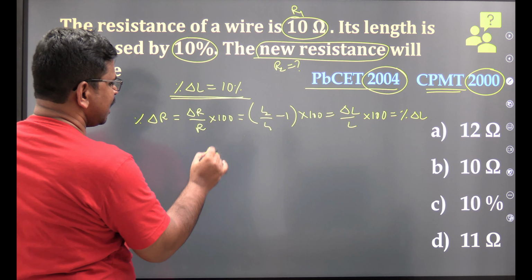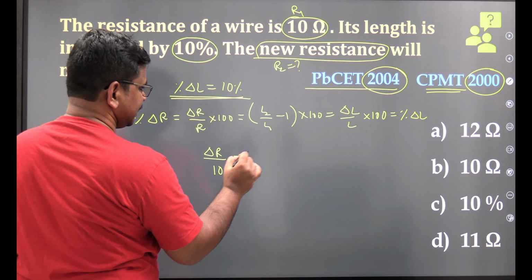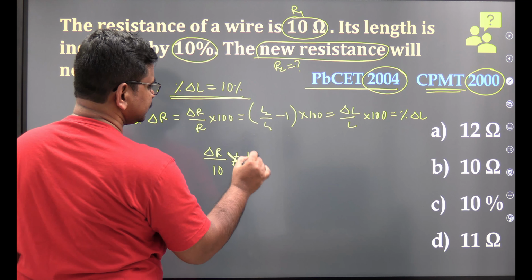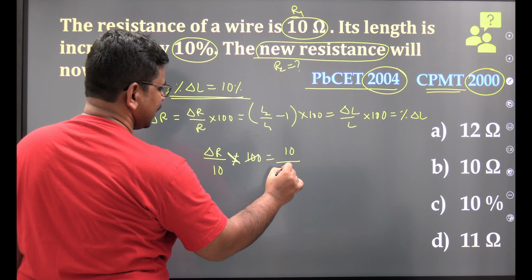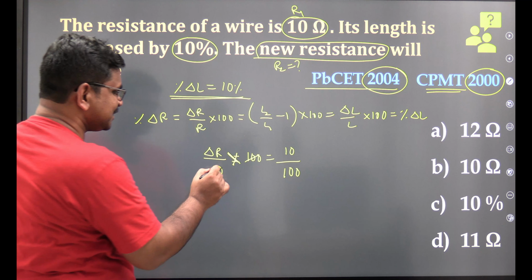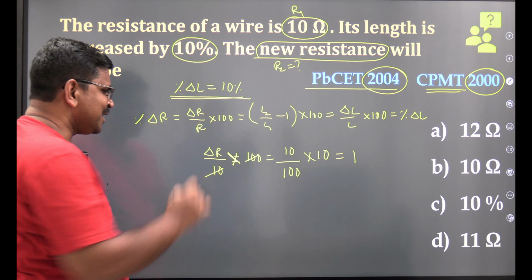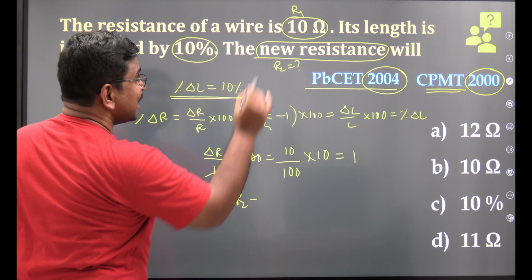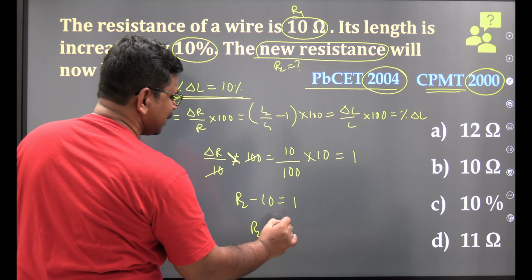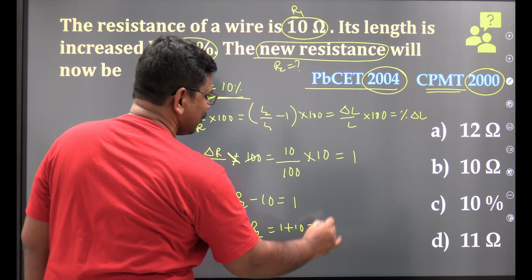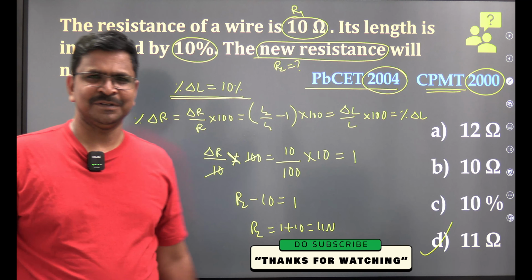So delta R by R1 into 100 equals 10%. Taking the 100, 10 by 100, and multiplying by 10, you get 1. Delta R, that is R2 minus R1, equals 1. So R2 equals 1 plus 10, equal to 11 ohms. This is going to be your answer. Very simple. Thank you all.